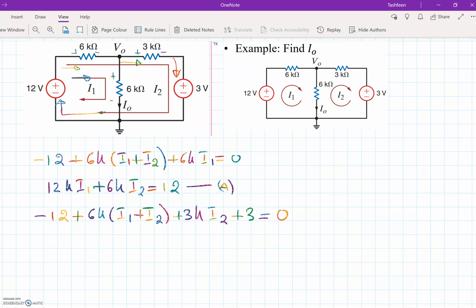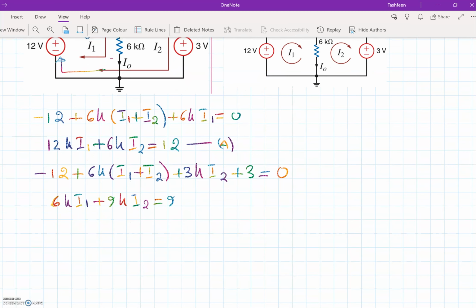Okay, so now I can simplify, and it will be 6k I1 plus 9k I2, which is equal to 9. So remember, this k is equal to 10 raised to power 3. It's called kilo, and we just want to save some space. That's why we wrote it like that. So now we have another equation.